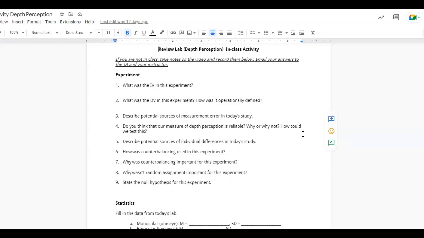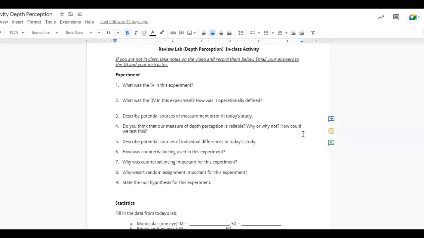So the question is whether or not this is a reliable measure of depth perception. And how could you test it? Well, what we could do to test it is look at your scores over a number of trials and see if on average they tend to average out to be about the same, if there's not a ton of variability from one measure to another. Right? That would be test-retest reliability that we'd want to establish here.